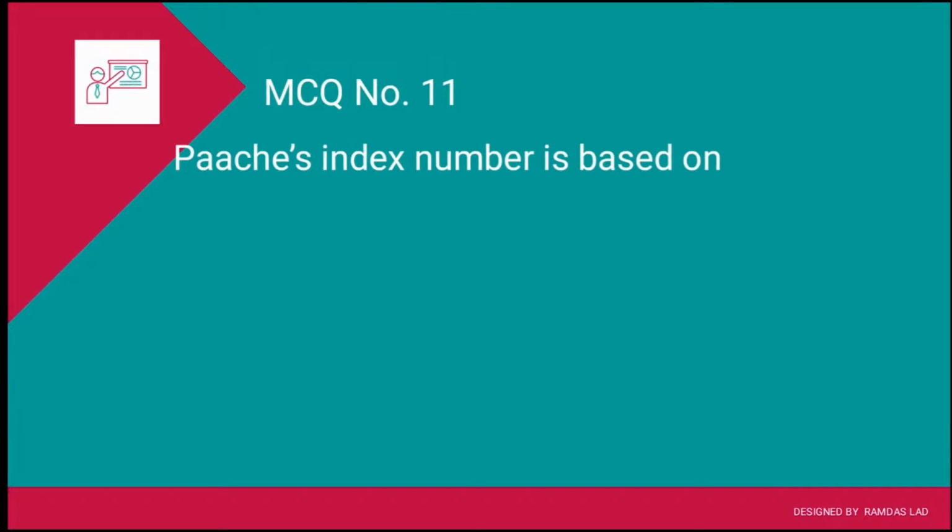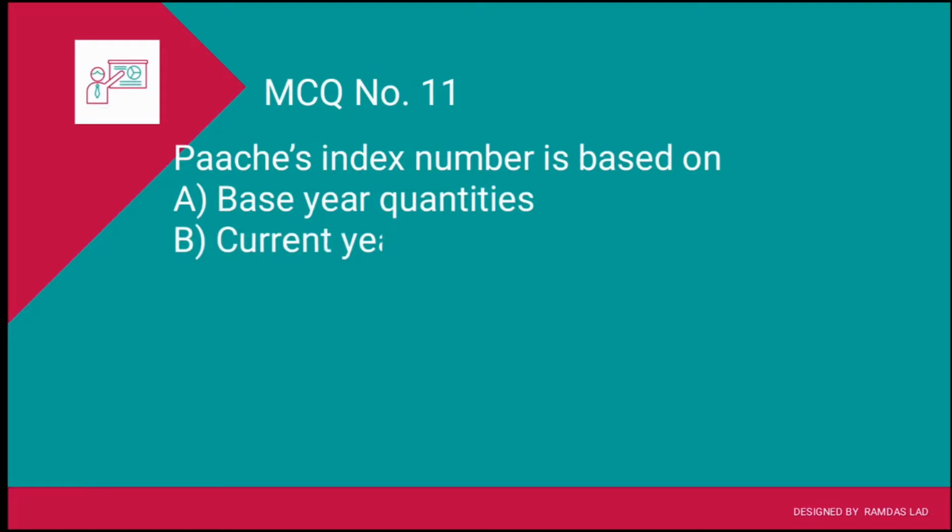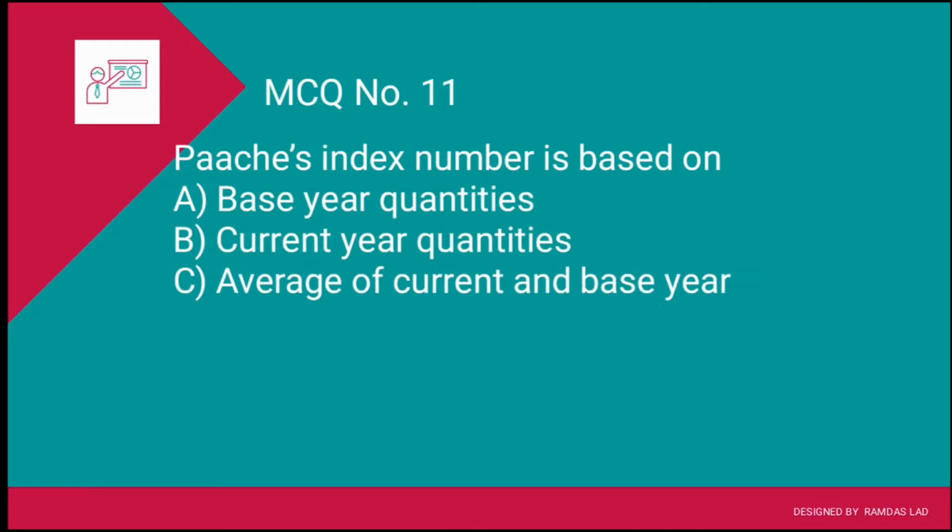Now the next question, question number 11. Paschal's index number is based on, and the options are given: base year quantities, option B current year quantities, option C average of current and base year, and option D none of these.